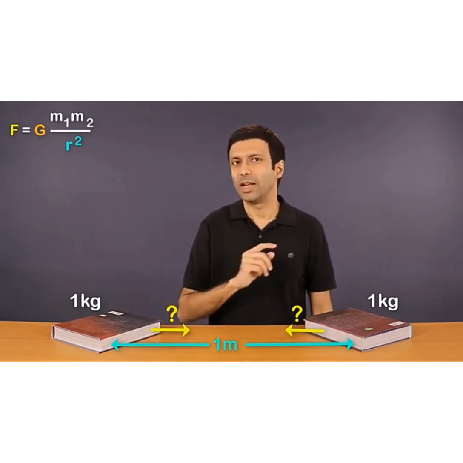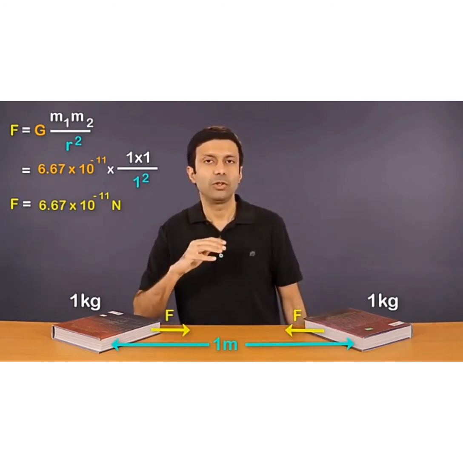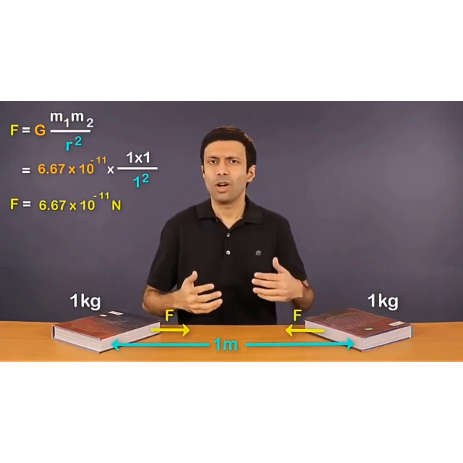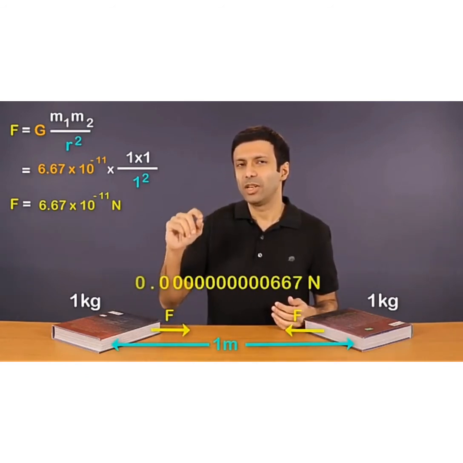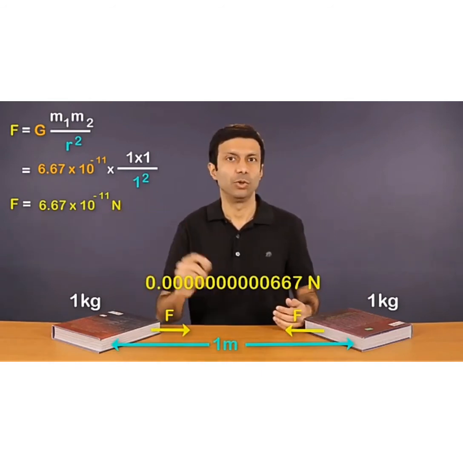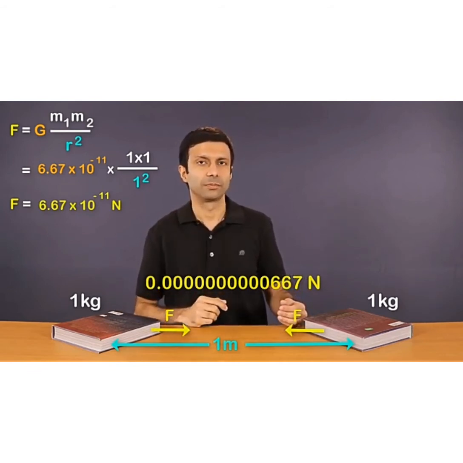So plugging in the values, we get force as 6.67 into 10 to the power minus 11 Newton. So how much is that? It's going to be 0.000, so we have 10 zeros in there, 667 Newton. So it's a really tiny value.